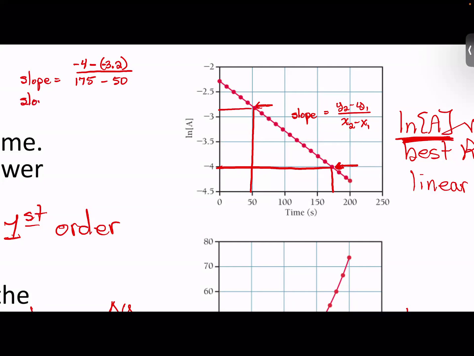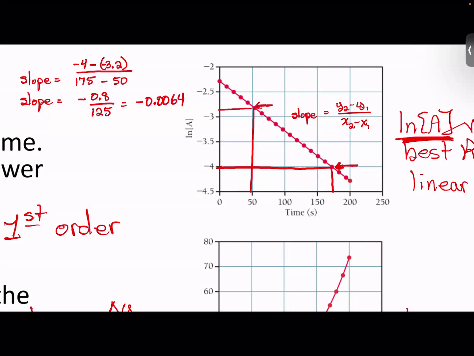So the slope of this line is negative 0.8 divided by 125, or in other words, what I just calculated was roughly a negative 0.0064.